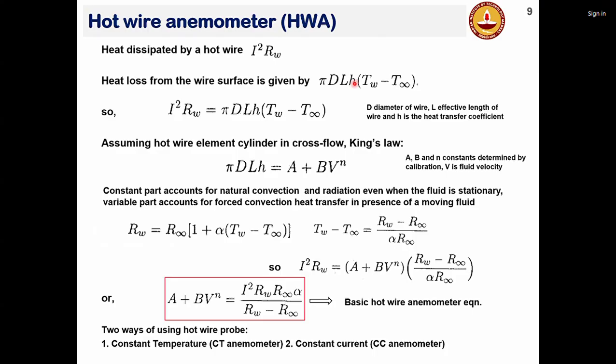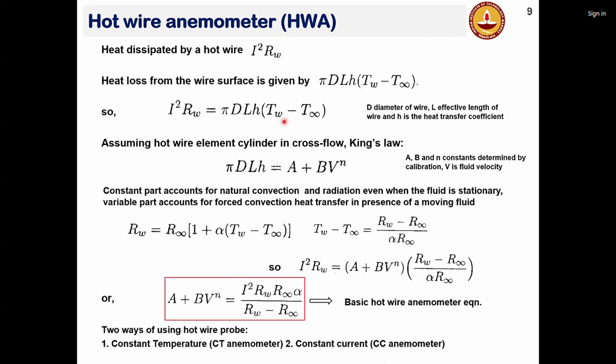So H into A into the temperature of the wire minus the ambient temperature. This is the rate at which heat is lost from the wire. These two have to be equal: the rate of heat generation should be equal to the heat loss from the wire.